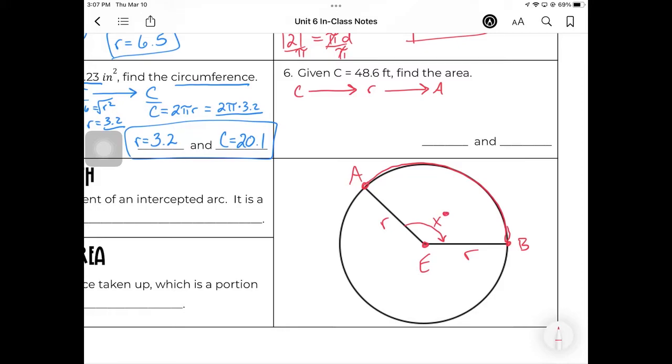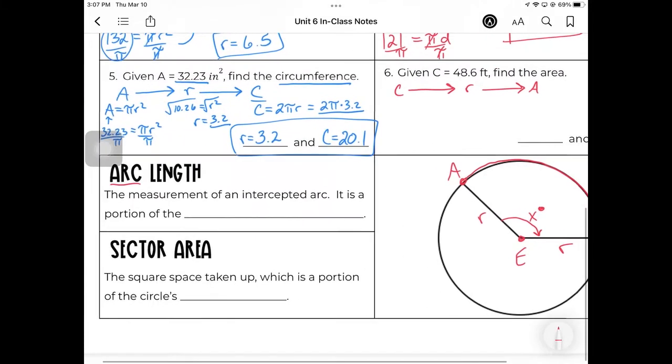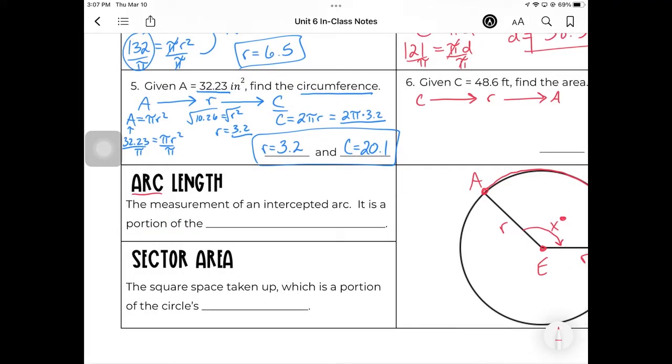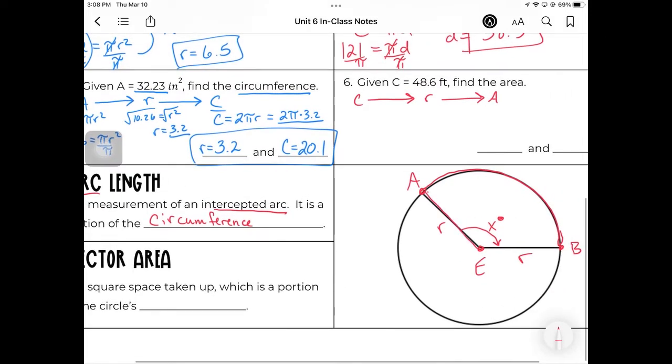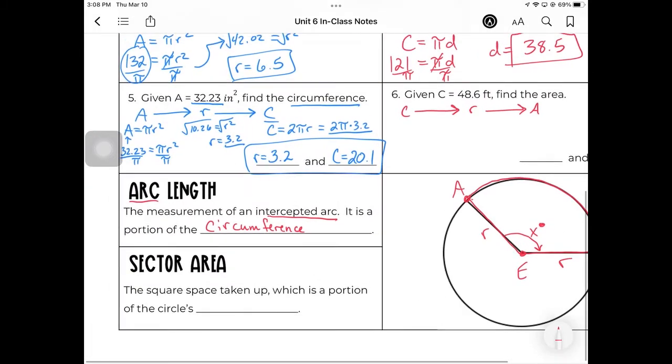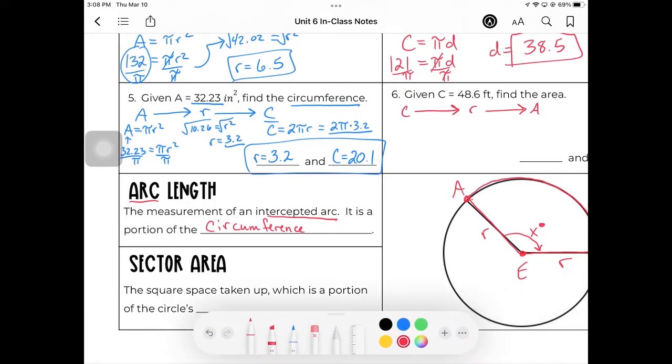That is equal to the degree measurement of arc AB, but there's a length that goes with that, which would be a portion of the circumference of a circle. We use the word intercepted arc because it is intercepted by a radius here and a radius here, or by this angle at E, the central angle. It's a part of the circle's total circumference.